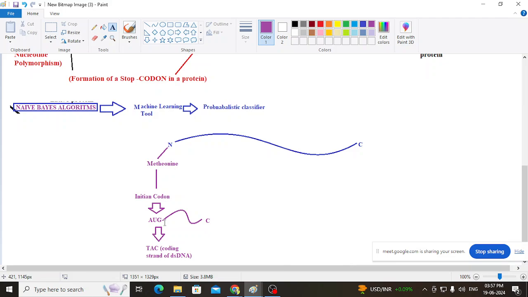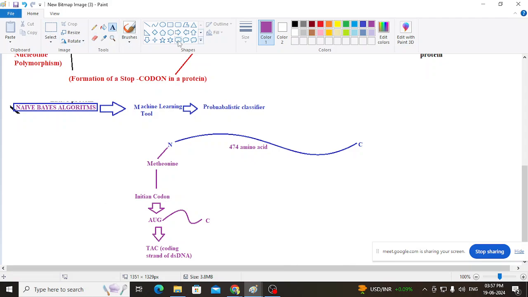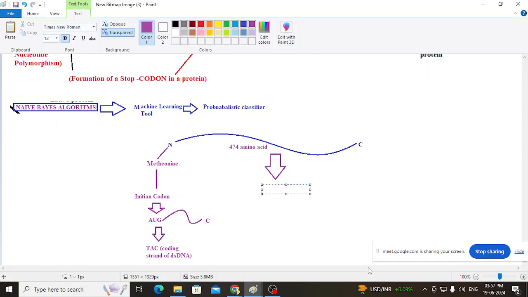And this is the initiation codon. And at the C-terminal, there are 474 amino acids in the vitamin D3 receptor protein.